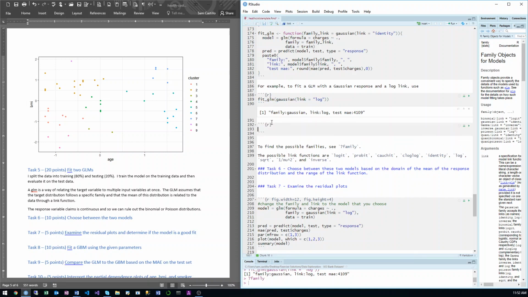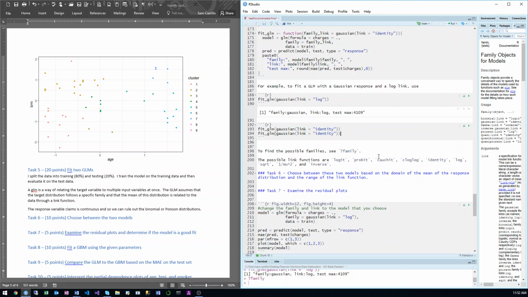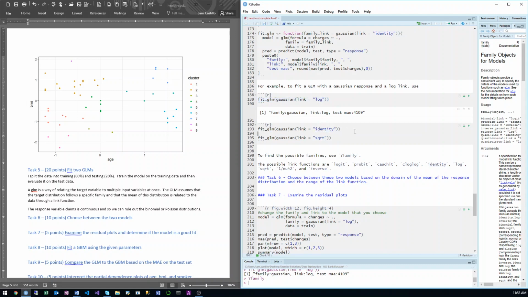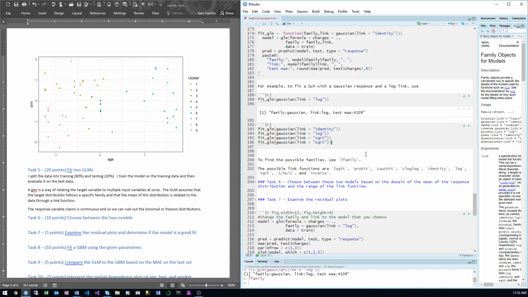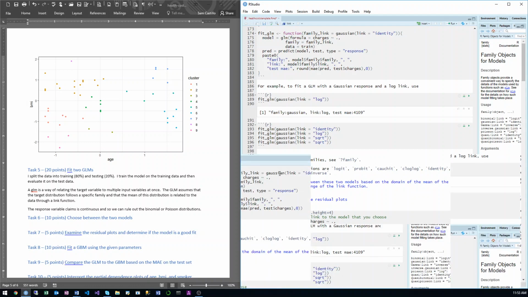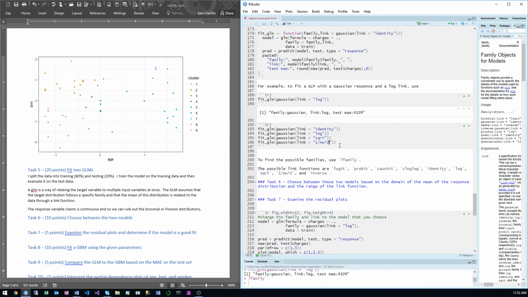Let's test Gaussian with an identity, Gaussian with a square root. There's the Gaussian with a log. Gaussian with an inverse squared link function.